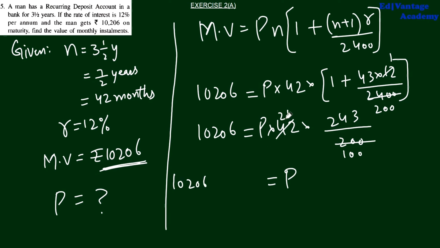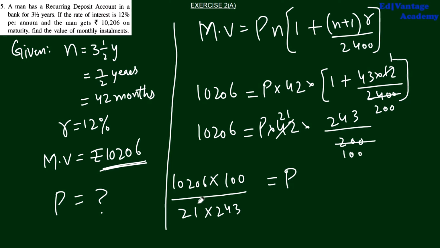Since 21 is multiplication, it will come to division. 243 is in multiplication; when it goes to the other side, it also comes in division. 100 is in division, it comes to multiplication. And again, definitely there will be 10206 either going in the 243 table or the 21 table. So don't get scared with the calculation.